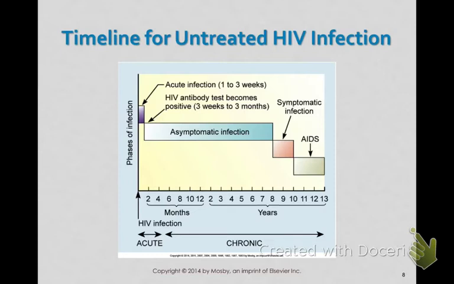Typically, they may have acute infection for 1 to 3 weeks. And this is like an initial viremia, acute infection.